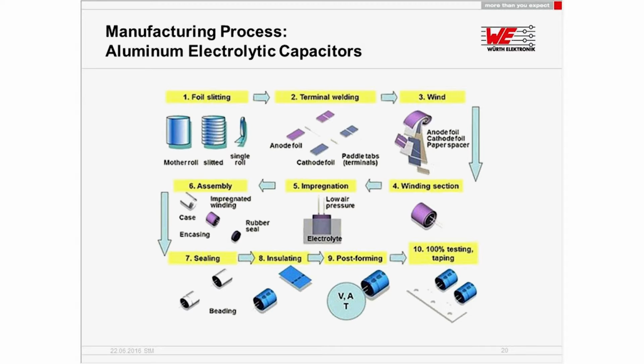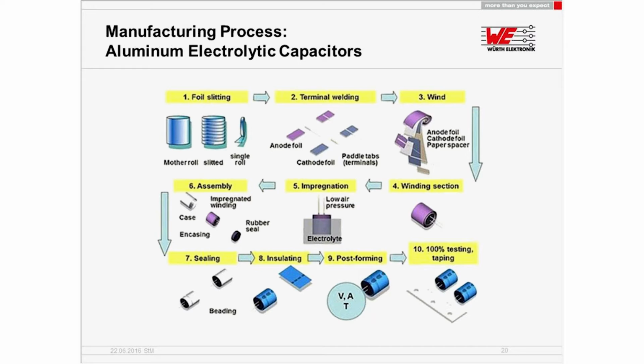This is the procedure of a standard electrolytic capacitor where you have a wet electrolyte. Also, if you go for aluminum polymer capacitors where you have a solid material, it would be similar in the production process, but it would be different from step 5 to step 6. Because for step 5 you would not apply a wet electrolyte bath, you would apply a fluid monomer first, and with this fluid monomer you soak the coil, so you soak it with a fluid plastic and not with a wet or fluid electrolyte.